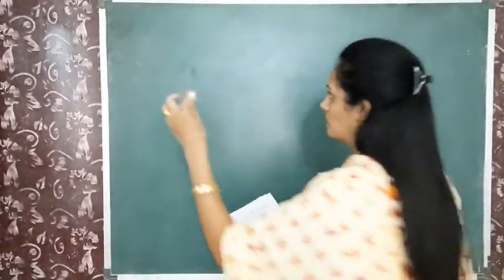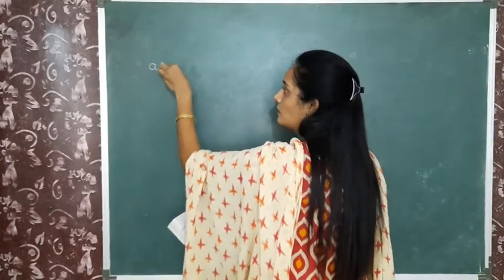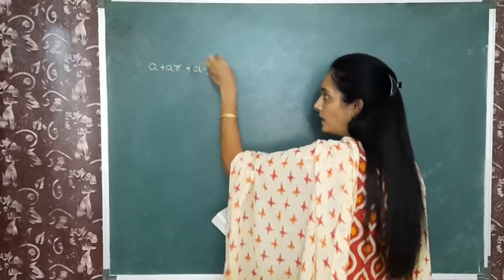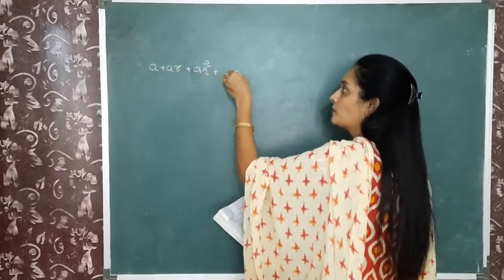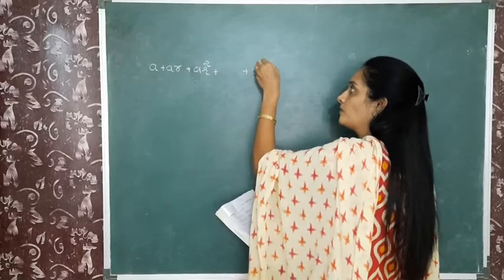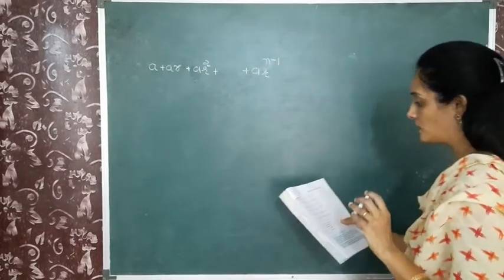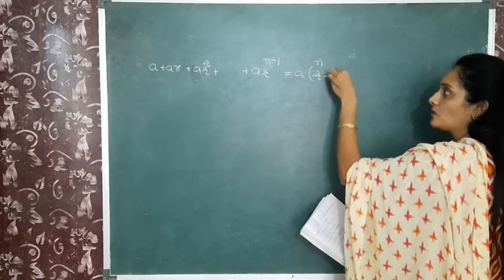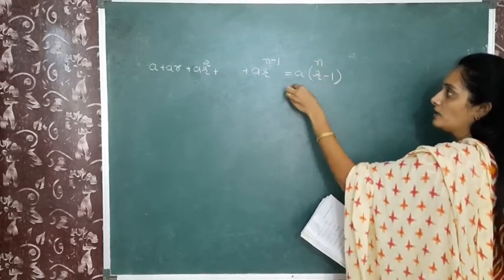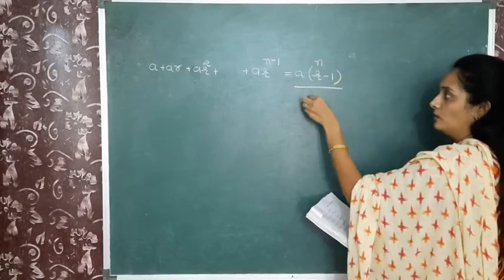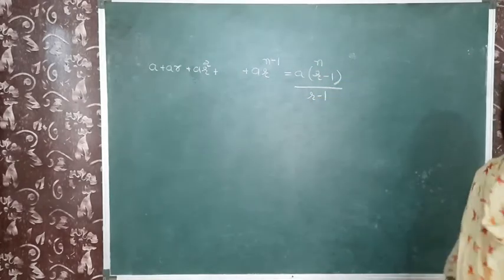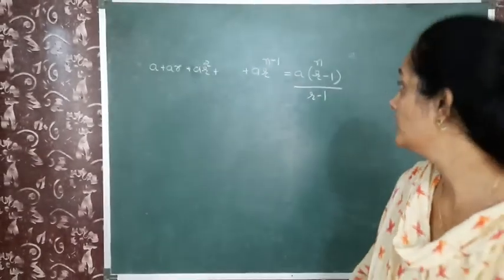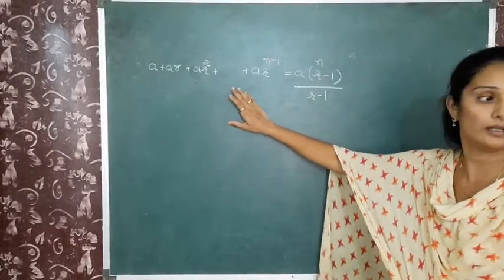The sum a plus ar plus ar square plus up to plus a r raised to n minus 1 is equal to a times the bracket r raised to n minus 1 upon r minus 1. We have to prove this sum by principle of mathematical induction.